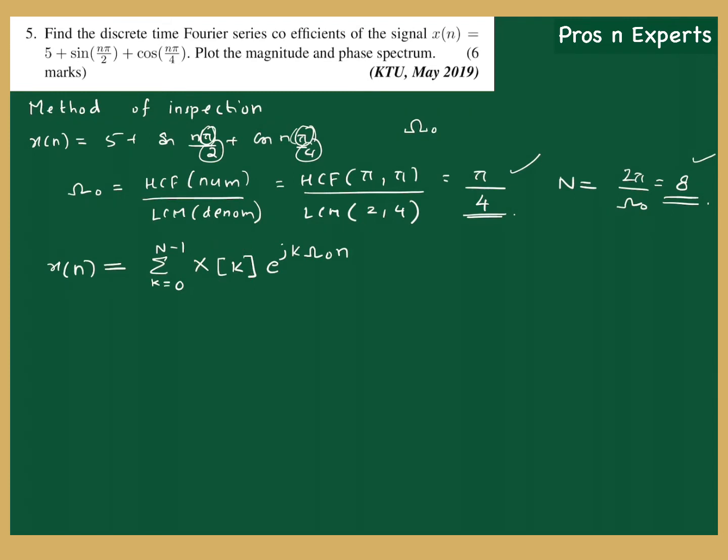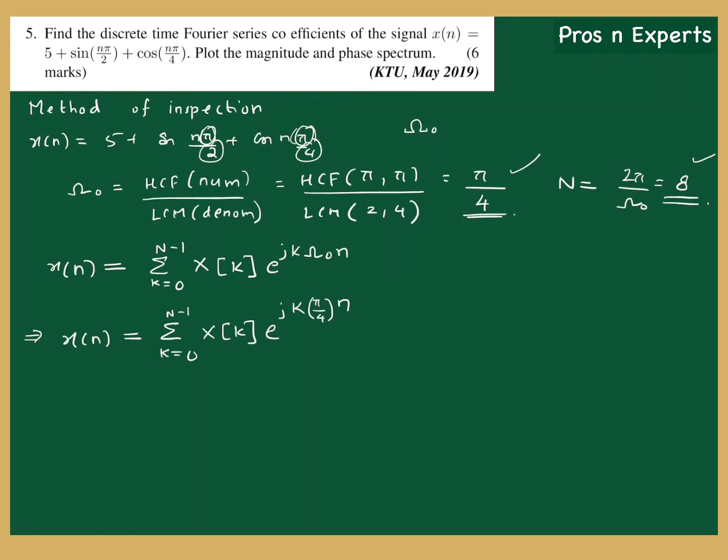And since we have found that for this particular signal omega 0 is pi by 4, I can substitute pi by 4 for omega 0 in this expression. That implies x of n is equal to sigma over k equal to 0 to N minus 1 of X of k into e raised to j k pi by 4 n.